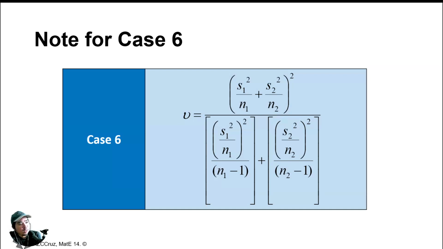Kunwari yung isang product is meron tayong light bulb. Light bulb of company A versus light bulb of company B. Tapos kunwari ang claim ng company A is our light bulbs last 1,000 hours longer than the competition.